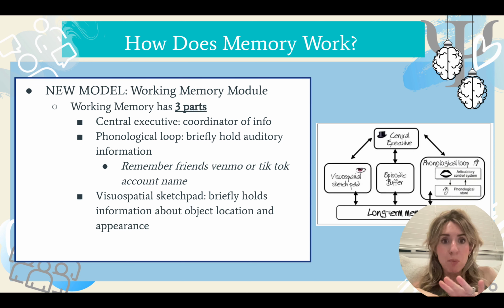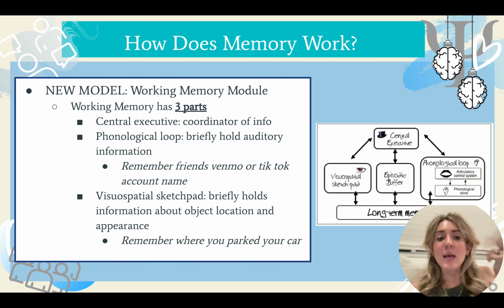We're going to do some examples of this in class so you can see how these work together and sometimes conflict, depending on what task you're doing. An example of the visuospatial sketchpad is remembering where you parked your car, pulling that from your memory while you talk to your friend as you walk to your car. That would be an example of the phonological loop activating with the visuospatial sketchpad.